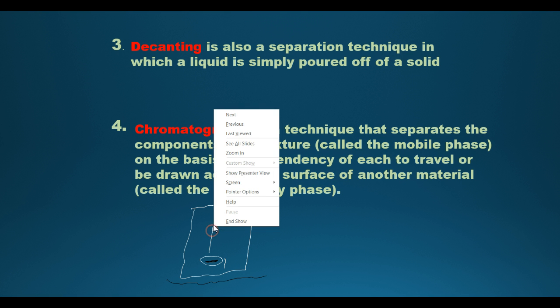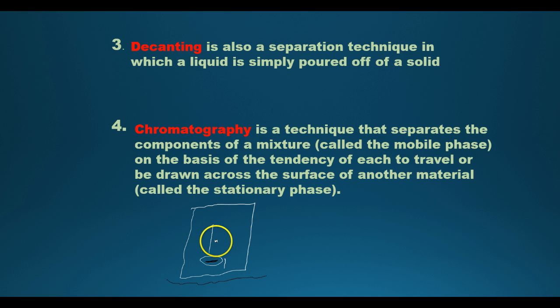But what happens is the individual components of the ink are going to separate out. So let's say you have some blue ink separating out here, and we have some red, and we have some yellow, and we have some green. And so we'll be able to separate out all the different colors that you have in that ink pigment.